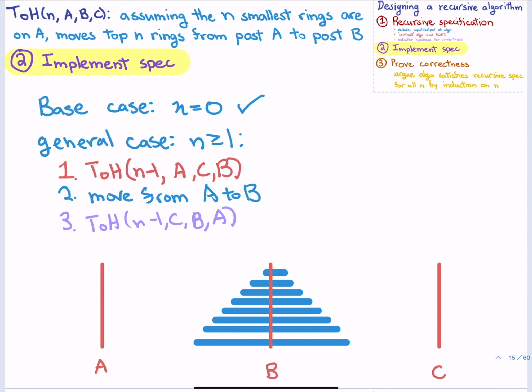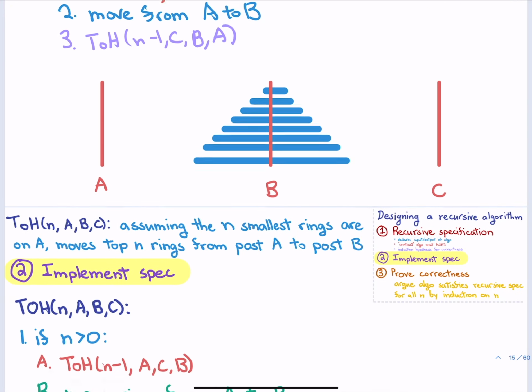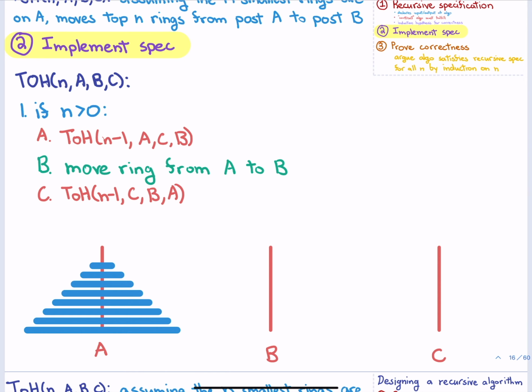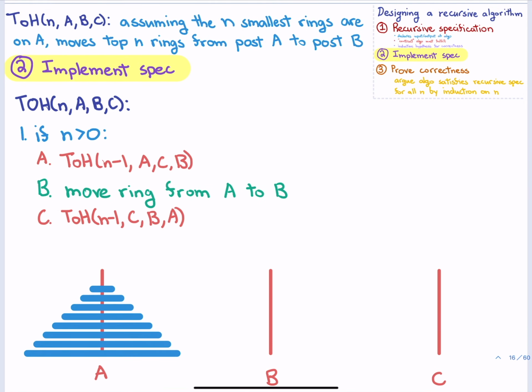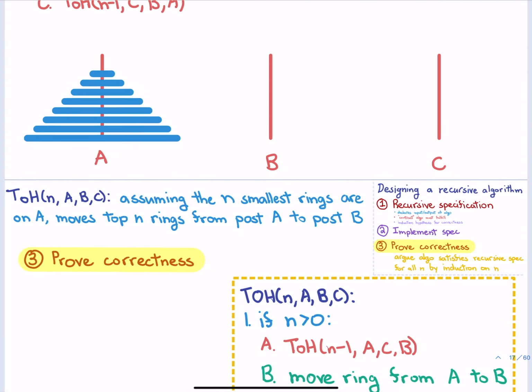You're not thinking about how all the rings are moving and relating to each other. That's the same algorithm, very simple. Here, the base case is encoded in the if n is greater than 0. If n is 0, you do nothing.